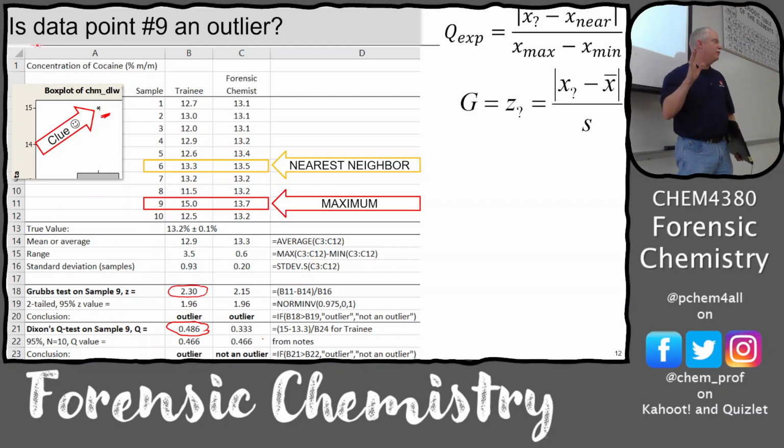I would say keeping it in is more conservative. It's our null hypothesis, right? Our null hypothesis is it's not an outlier. We have kind of mixed results. Under one test, it's an outlier; under the other test, it's not. It's probably safer or more conservative to keep it, because that keeps our uncertainty high.